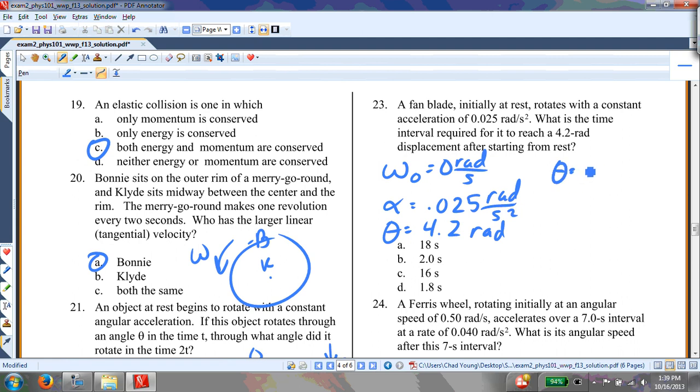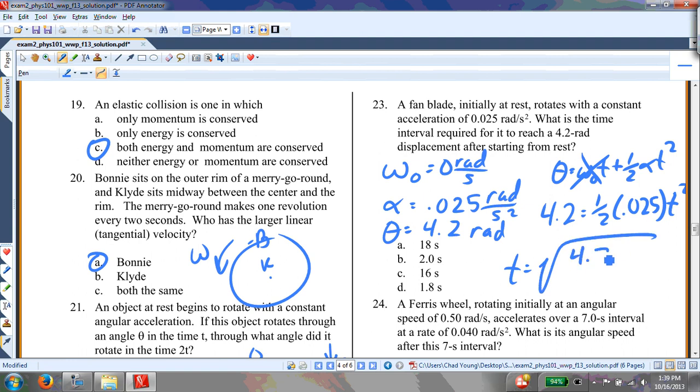All right, so I say theta equals omega naught t plus 1/2 alpha t squared. Omega naught equals 0, so that goes away. That's good because it makes it a lot easier. 4.2 equals 1/2 of 0.025 t squared. So t is the square root.